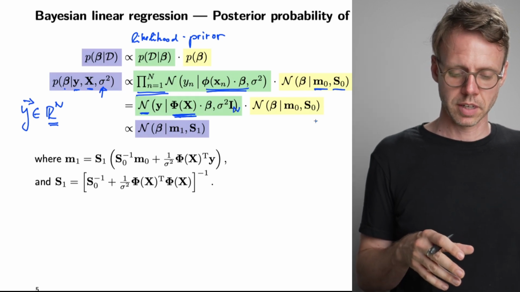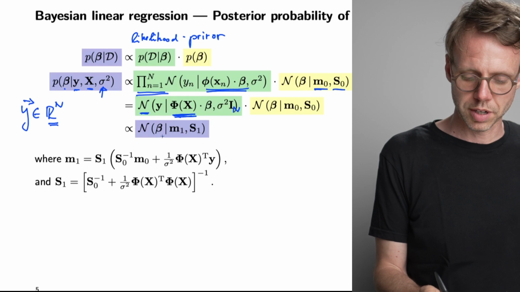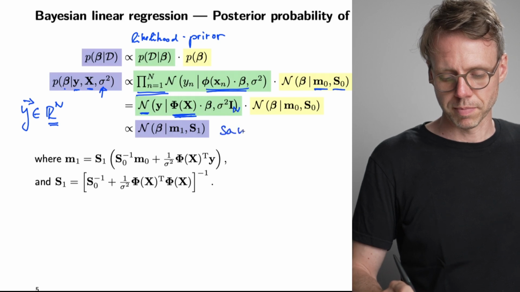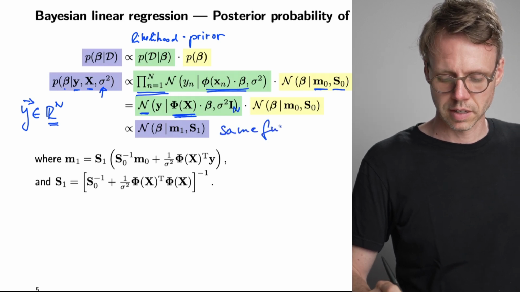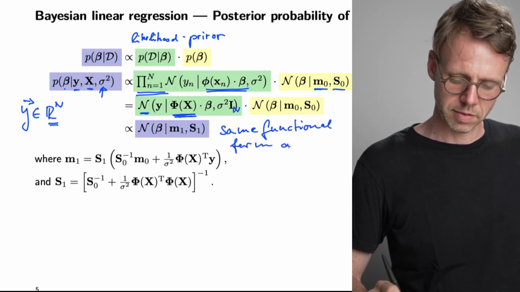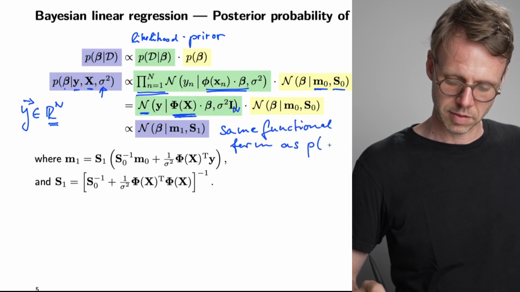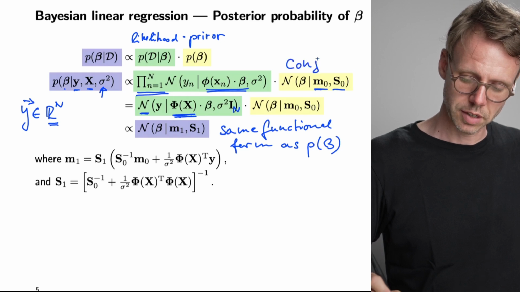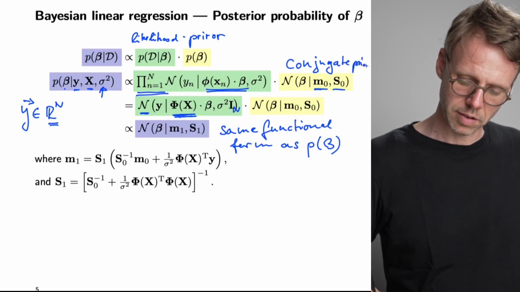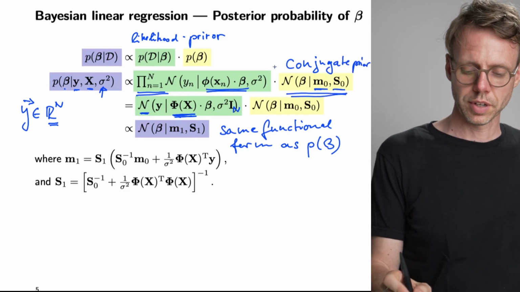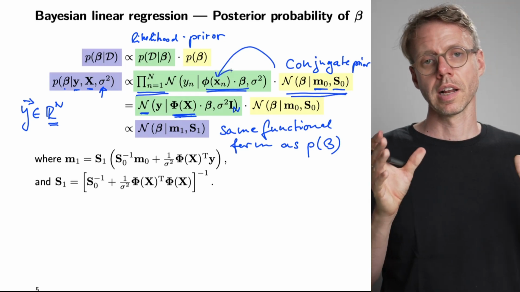Now that is proportional to our posterior, which will have the same functional form as the prior, because our prior is the conjugate prior over the mean of this normal likelihood.